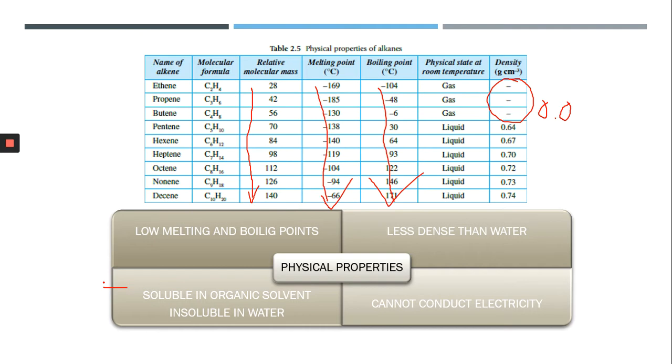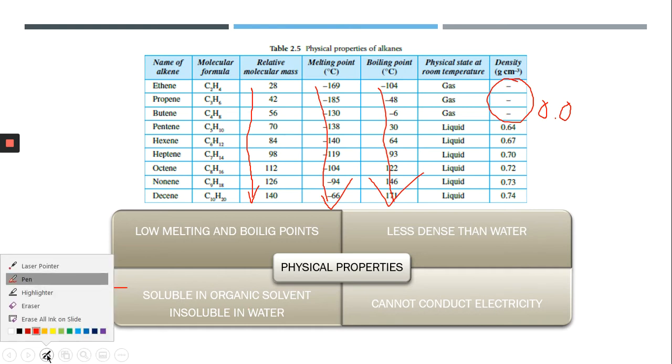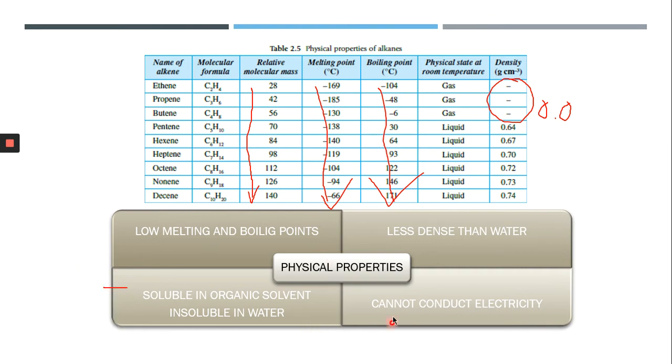Okay, principle yang perlu kita ingat is like dissolve like. Okay, polar dissolve in polar substance, non-polar dissolve in non-polar substance. Cannot conduct electricity, of course. It doesn't have any free charge, free moving electron.